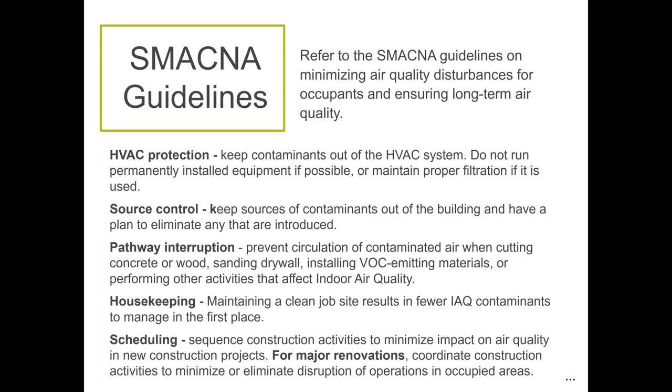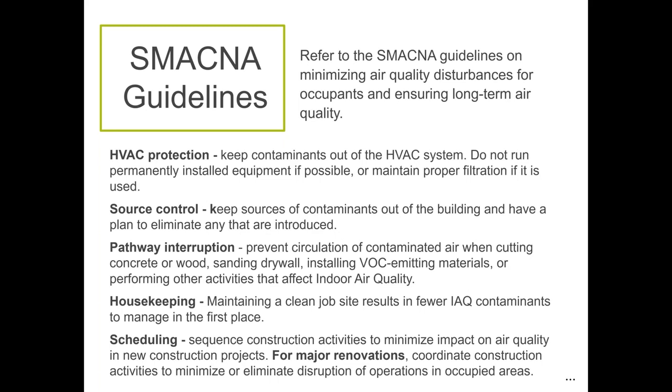HVAC protection, so keeping any types of contaminants and pollution out of your HVAC system. You don't want to run that permanently installed equipment if possible. And if you do run that equipment, make sure proper filtration is installed. Source control. So this is keeping your contaminants out of the building at the source and eliminating any that are introduced.